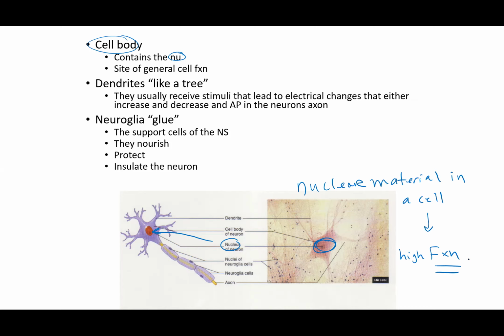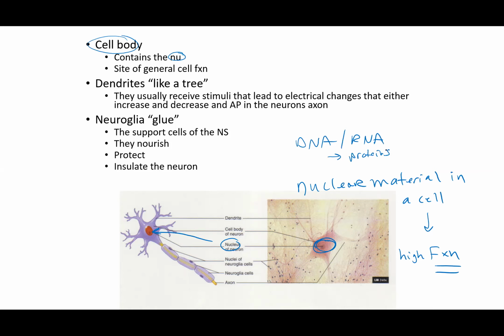Nuclear material usually includes things like DNA, RNA, the body's ability to synthesize proteins, and all sorts of other fancy things, okay?